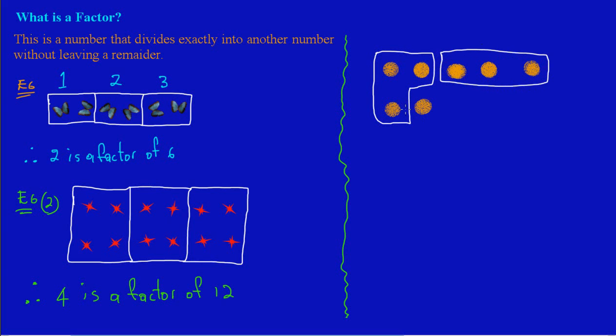Since when I divide 3 into 7 I have something left over, that is called our remainder. So I can say that 3 is NOT a factor of 7, because when 3 is divided into 7, it leaves a remainder.